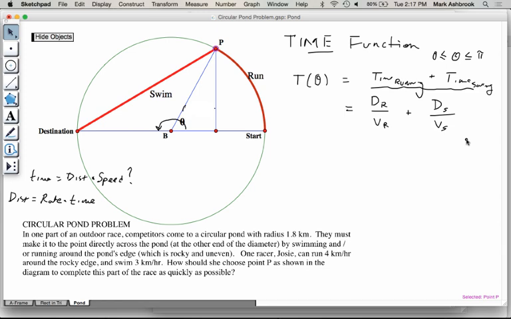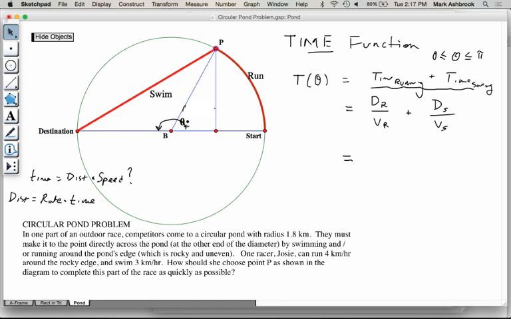Okay, so what's the distance that she runs? That comes from our trig crash course. How would I get the distance that she runs? In radius lengths, how many radius lengths is it?